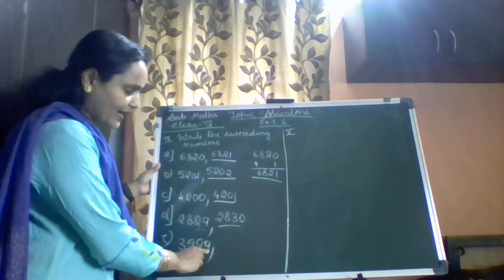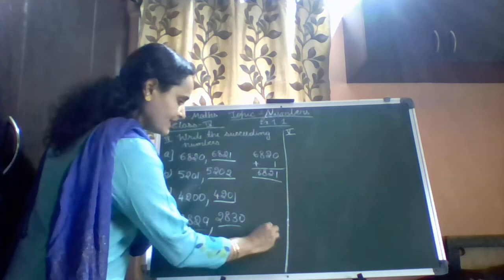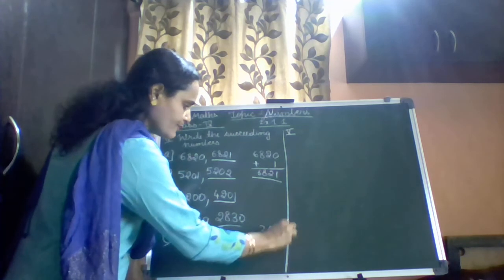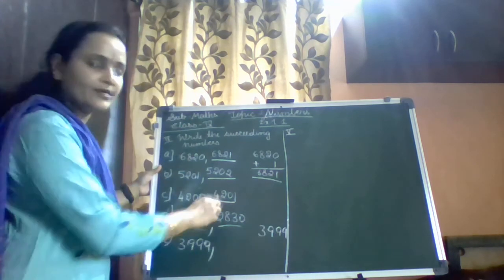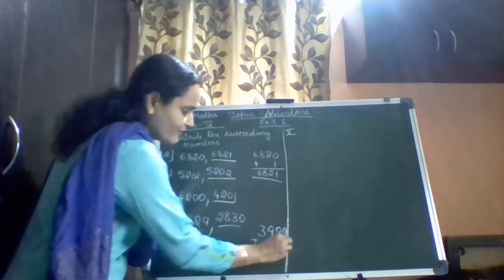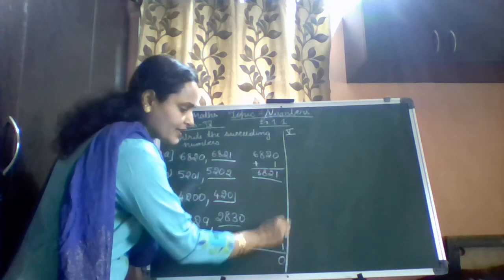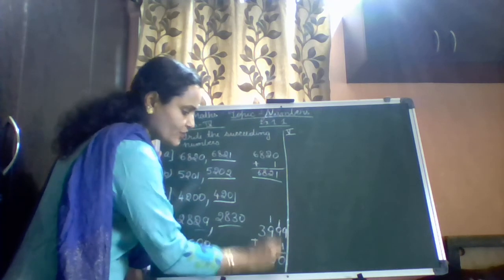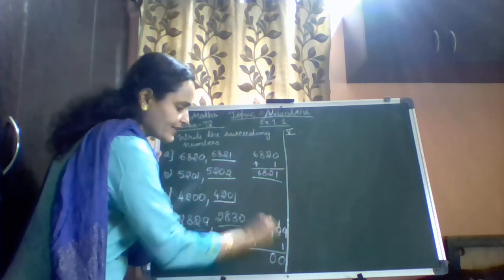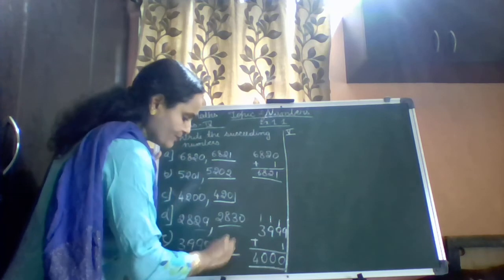When you add 1 to the last number, see what happens. If you are not able to write the next number, you can add 1 to the last number and then write it. 9 plus 1 is 10, 1 carry, 0 down. 9 plus 1, 10, 1 carry, 0 down. 9 plus 1, 10, 1 carry, 0 down. 3 plus 1 is 4. So the next number would be 4000.